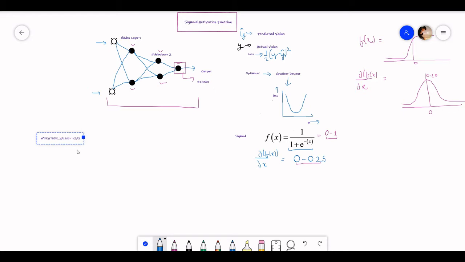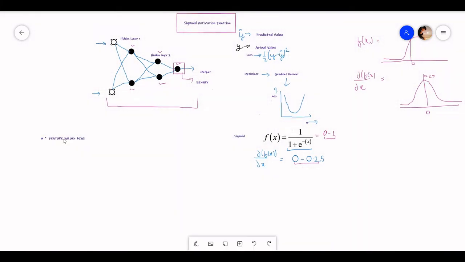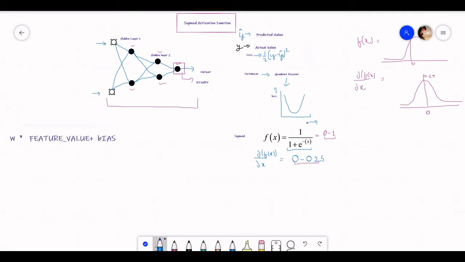In forward propagation, it will find this value. That is for our forward propagation.